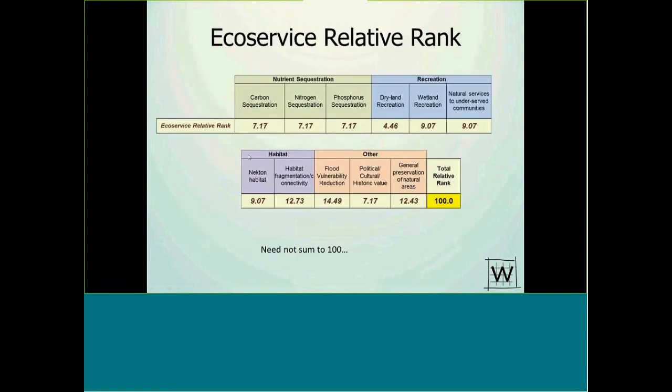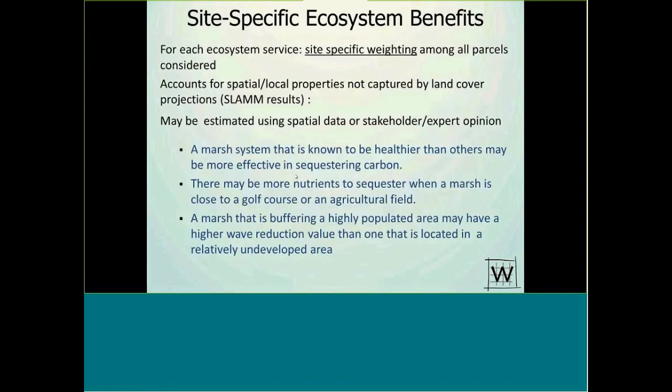It's an Excel-based tool, the DMMT, and it's all open source. It has a Visual Basic core behind it, and it basically reads from results that are extracted from SLAMM and does these calculations. The inputs are also in Excel, and this is just kind of what it looks like. There is also site-specific weighting, as I discussed previously.